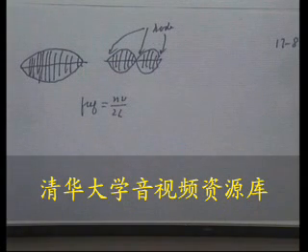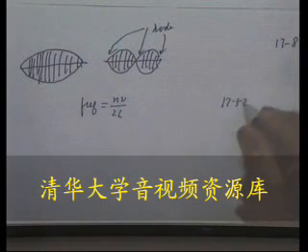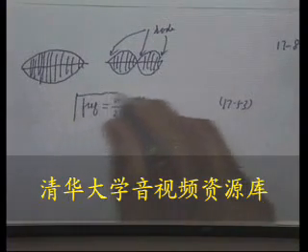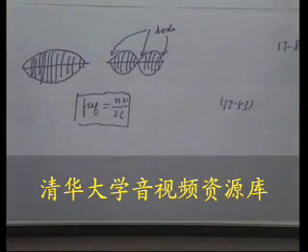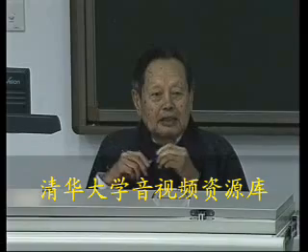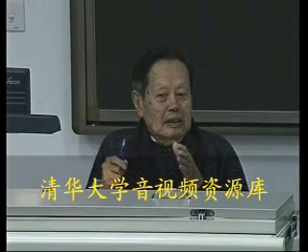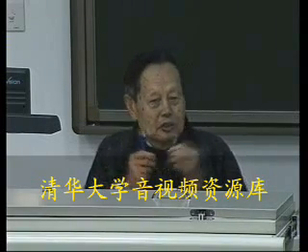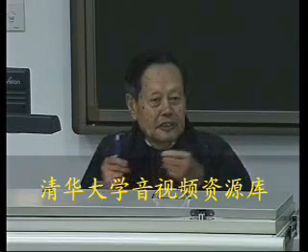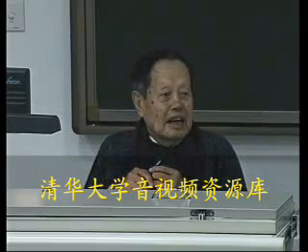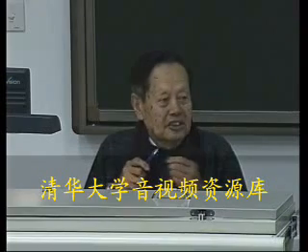v equals the square root of tau over mu, which we already have from the earlier equation. If you look at the piano, for every key there is a string, and the different strings are of different lengths and different tension.